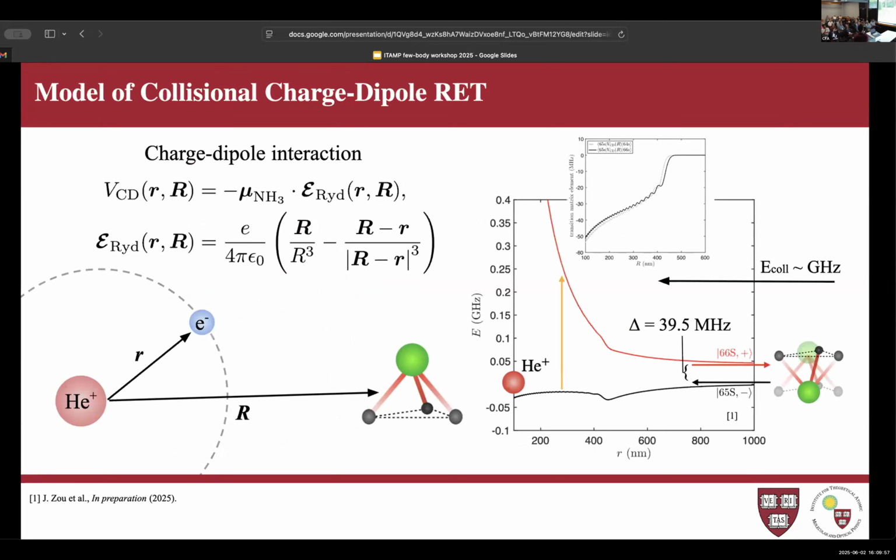Maybe in terms of the language of partial waves, what we saw was that energetically this involves about 25-ish partial waves. In principle, we could do a full scattering calculation, but the Born approximation seems to capture most of it, and this energy detuning is much smaller than the collisional energy, so we suspect it can be encapsulated by the Born approximation.